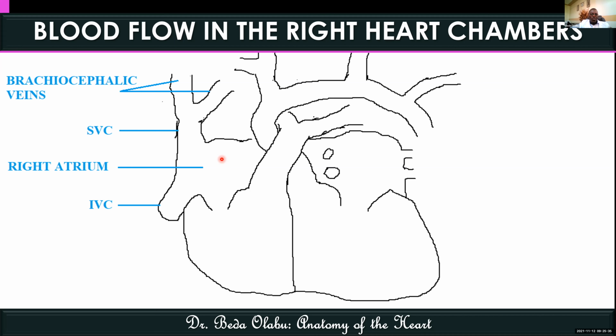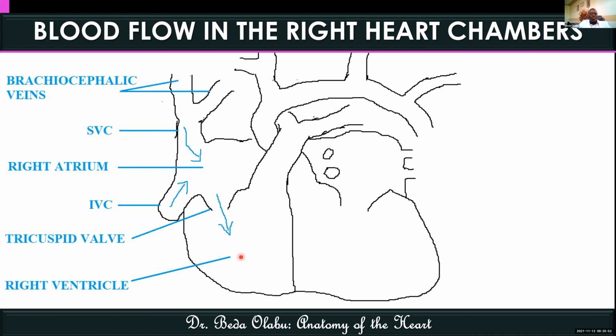Well, if you remember that there were some bronchial veins as well, maybe those ones will now enter through the superior vena cava. Okay, so blood from the right atrium moves to the right ventricle via the tricuspid valve, and blood from the right ventricle will move to this vessel here via the pulmonary valve.